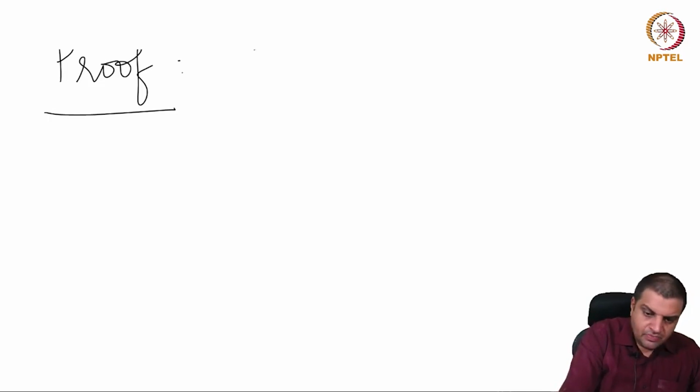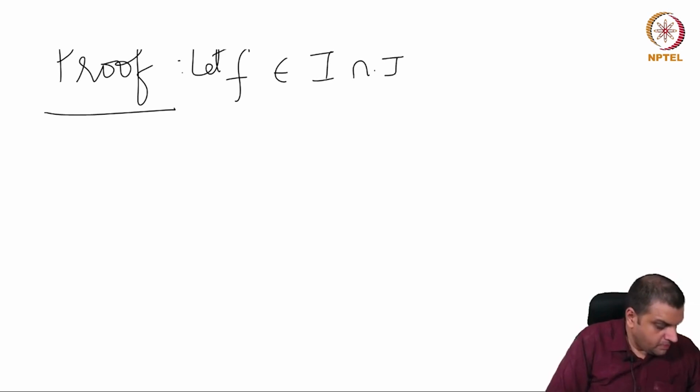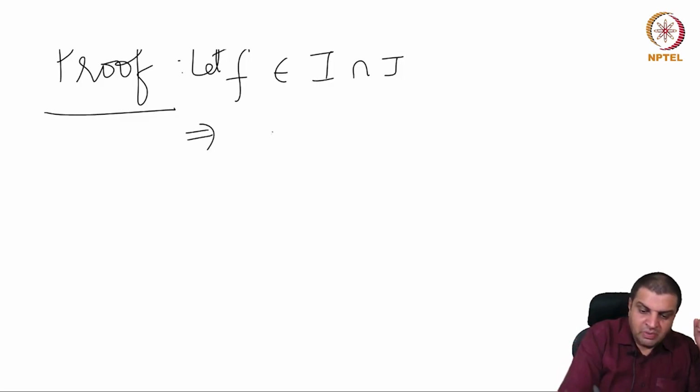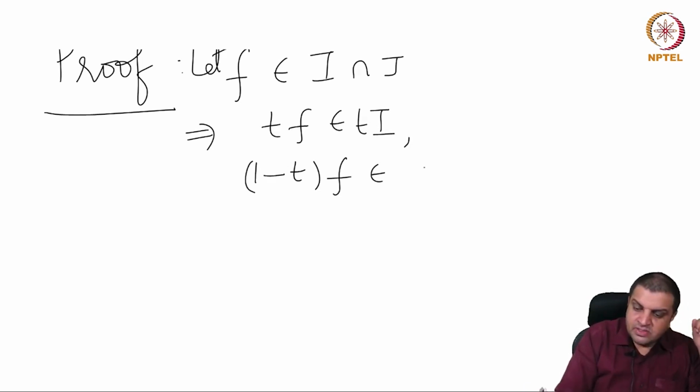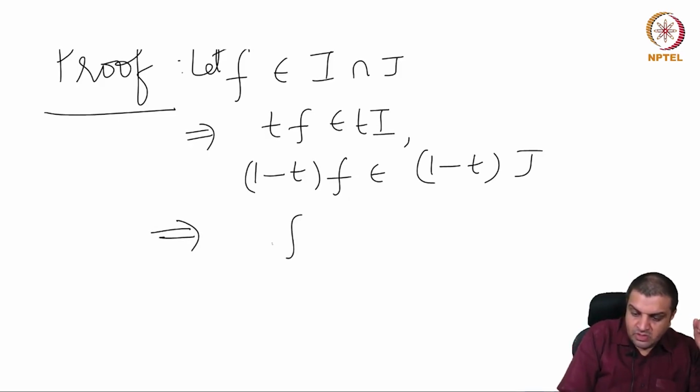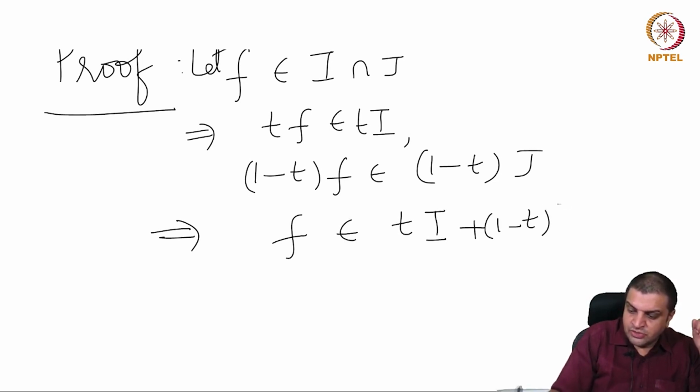So we would like to consider an F. Let F be inside I intersect J. What does it mean to say that F is inside I? This now implies that Tf is inside Ti and 1 minus Tf is inside 1 minus Tj, because F is in both I and J. So F, which is a sum of these two things, is inside Ti plus 1 minus Tj.